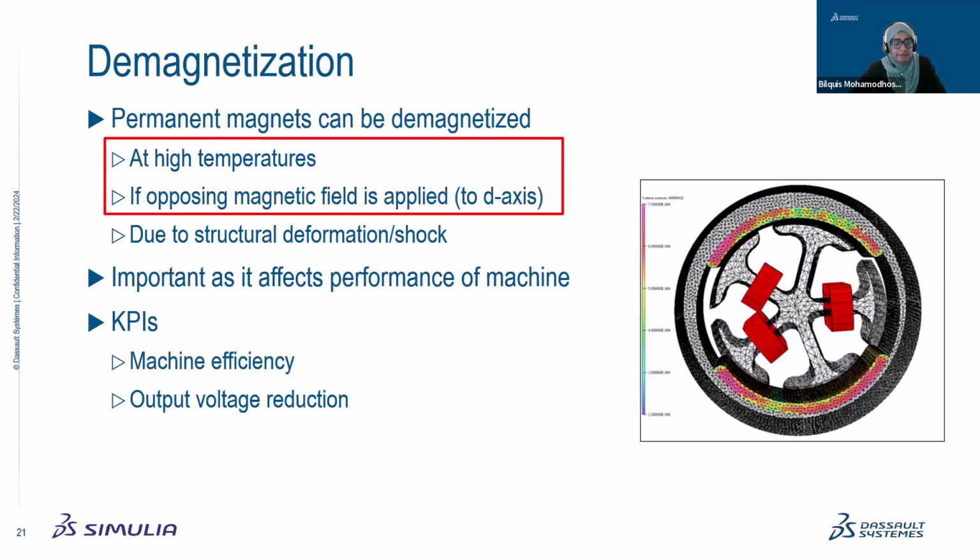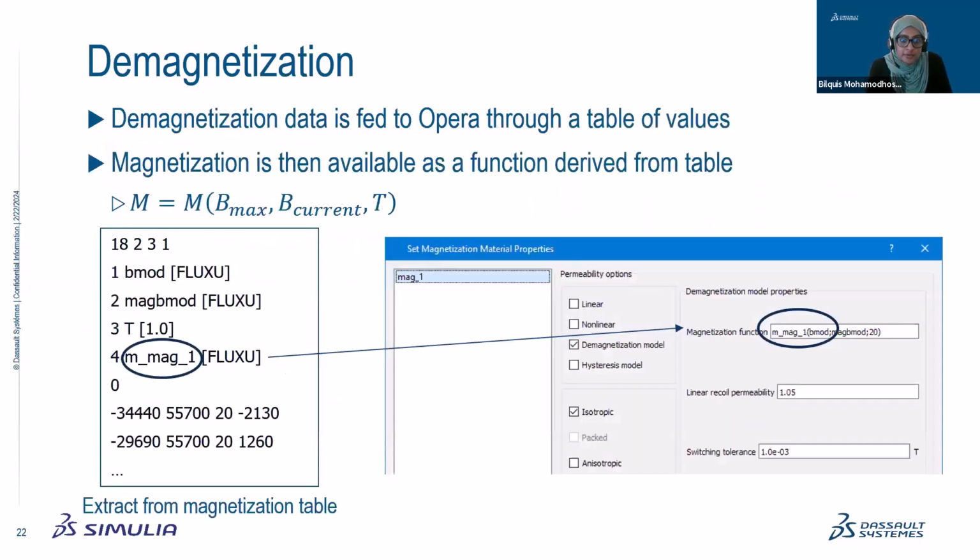So the KPIs in this case would be to maximize the efficiency, or to look at what effect it has on the efficiency of the machine, and also to know what sort of voltage reduction we have in case of faults or in case of demagnetization. So in Opera, we can use the demagnetization model.